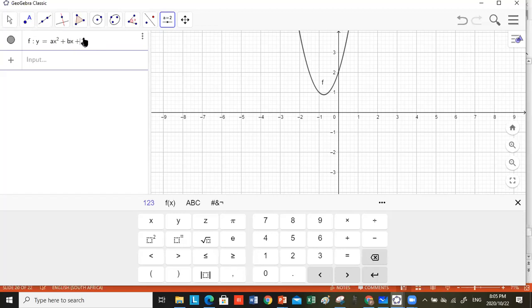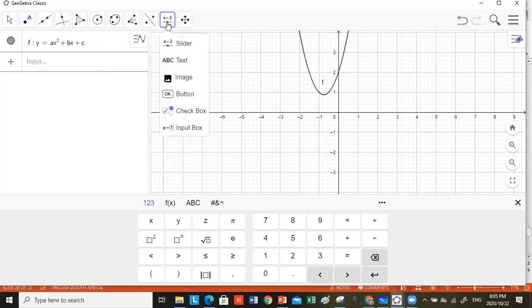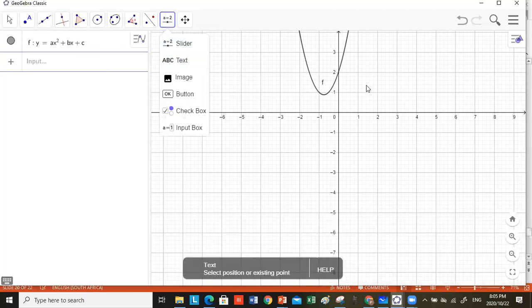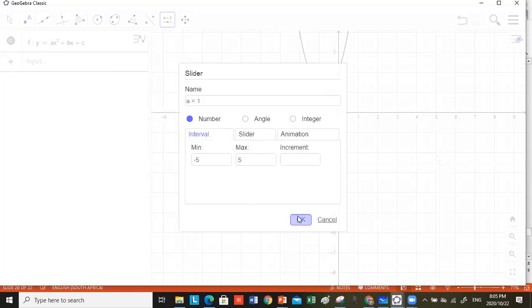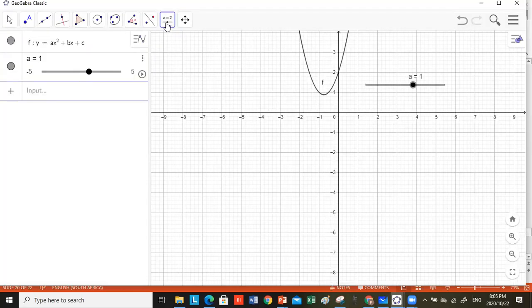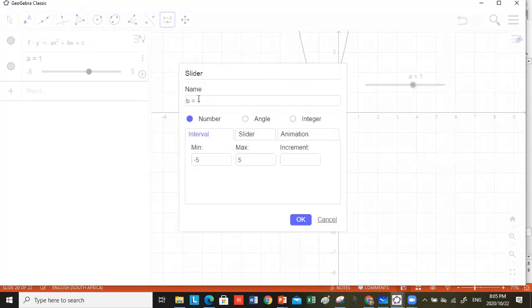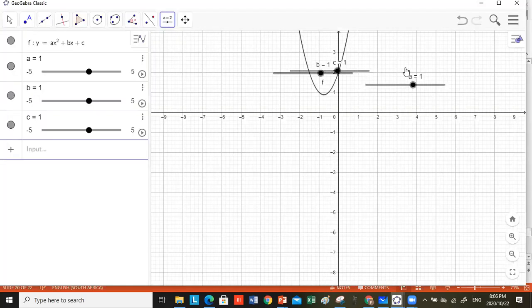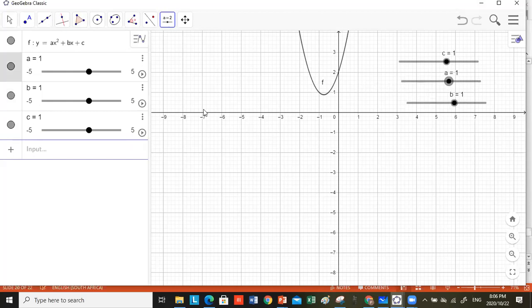Right, and then you go there to sliders. Yeah, click there. Go again there, and B. Let me put it on the side. I'm sorry, my mouse is a bit sticky. I don't know if it is getting naughty.